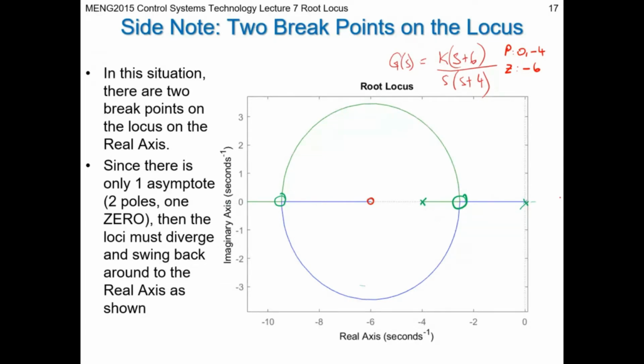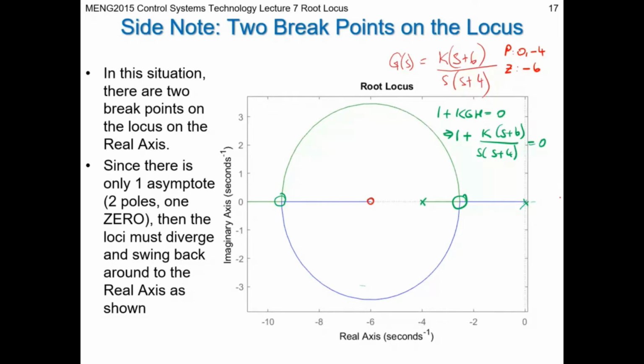So if we did the same thing and used the characteristic equation here, we would find that we're going to get two values. So our characteristic equation would be 1 plus KGH equals 0. So that's going to be 1 plus K(6 plus s) over s(s plus 4) equals 0.